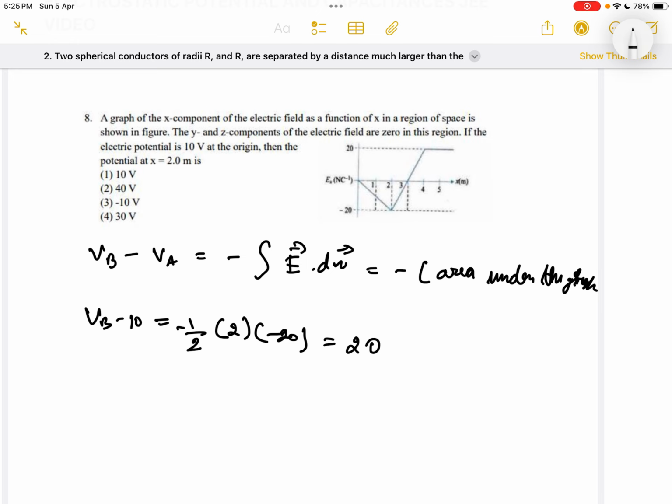So because at the origin it's already 10 volt, this is a 20 volt increment. So the total potential at B, x equal to 2 basically, would become 30 volt. So 10 plus 20 would be 30. Option 4 is the correct answer.